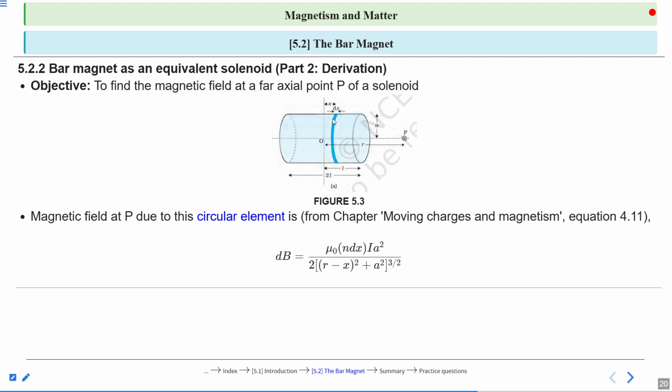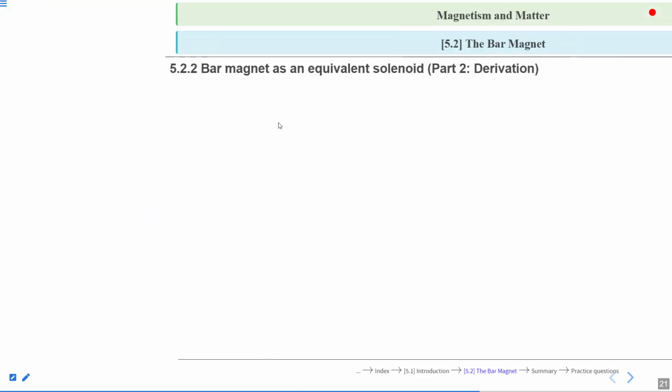So from the center of this circular element, the distance of point P is r minus x. So in place of x we replace it with r minus x, plus radius a square, raised to power 3 by 2. After putting all the values in equation 4.11 from the chapter Moving Charges and Magnetism, we get dB, the small magnetic field due to this small element. Now we will integrate it.